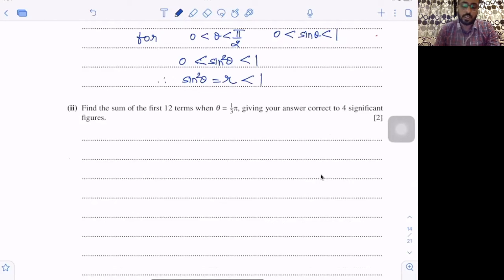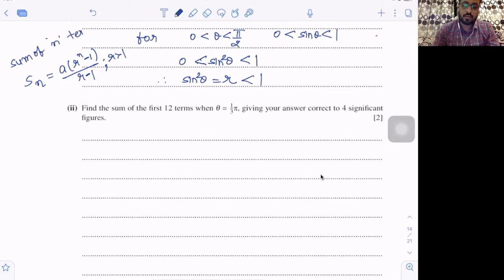So you want to remember this, because Sn is given by the formula a r raised to n minus 1 upon r minus 1 when r is greater than 1. When r is greater than 1, at that time you use the formula a r raised to n minus 1 upon r minus 1 to find the sum of n terms of a geometric progression.